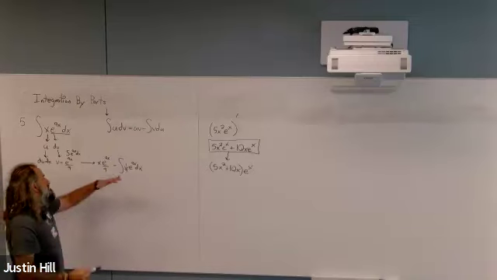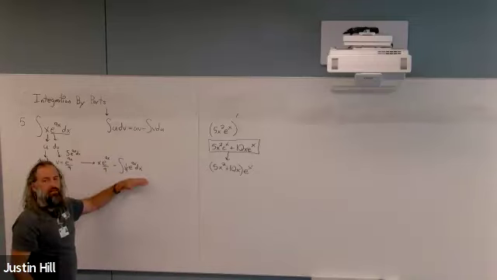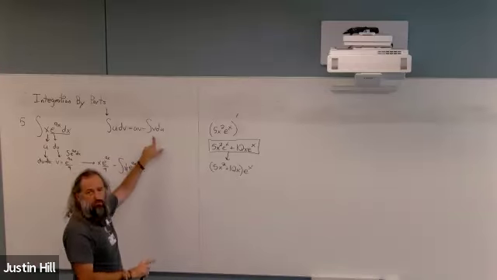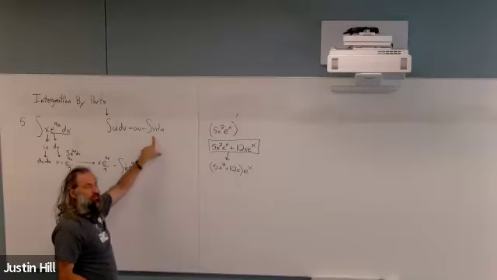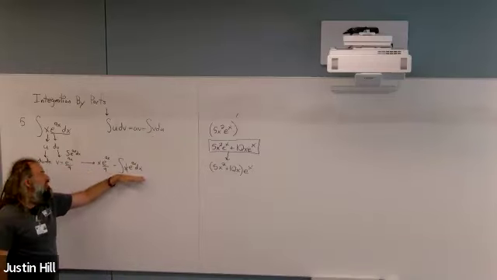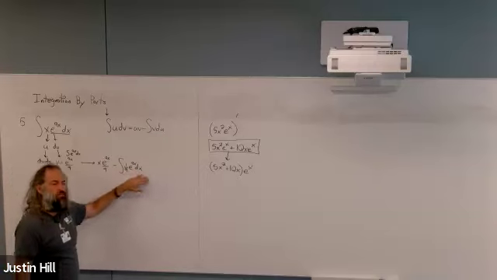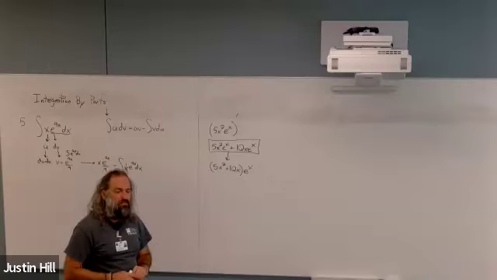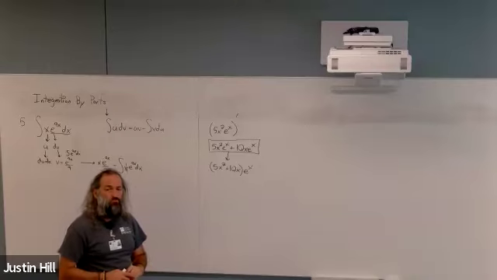But again, notice that by making some smart choices to begin with, and thinking forward to what I'm going to have to do in a later step and making that as easy as possible, this is actually really easy to deal with. This is technically substitution, but it's really easy.